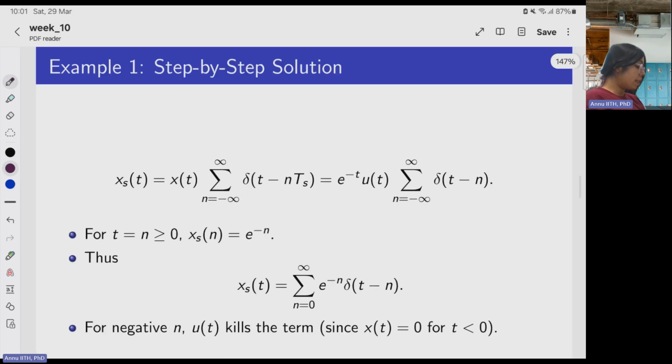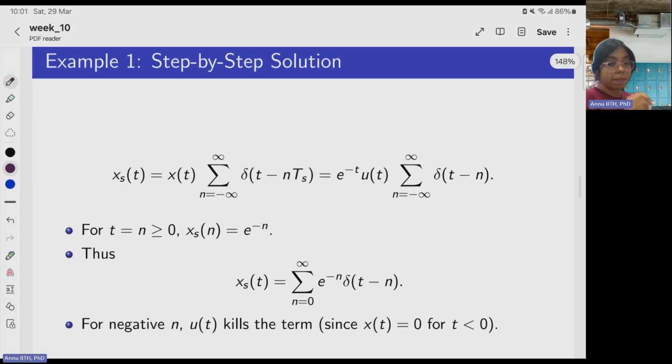The sampled signal is nothing but x_s(t) is equal to x(t) multiplied by the summation of n from minus infinity to infinity of delta of t minus nTs. Okay. So since x(t) is e power minus t u(t), we just have to put in the values for t.